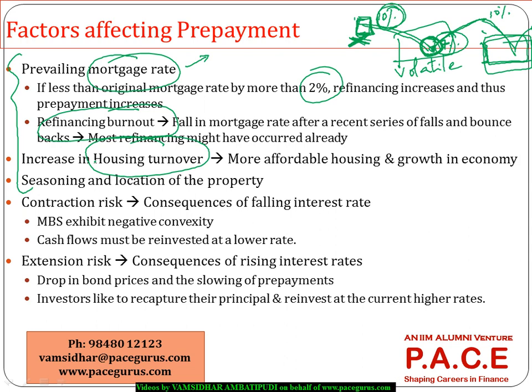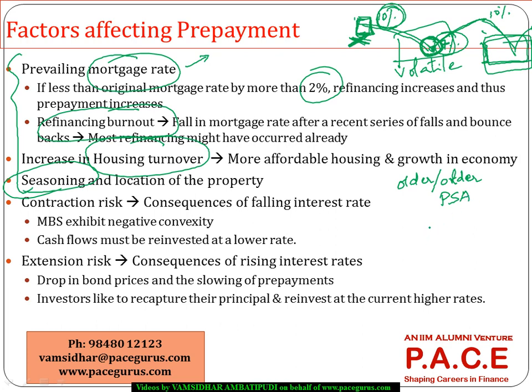And finally, the key aspects of the mortgage, one is the seasoning. As the mortgages become older and older, the chances of prepayment increase, just like we have discussed as per the PSA benchmark.